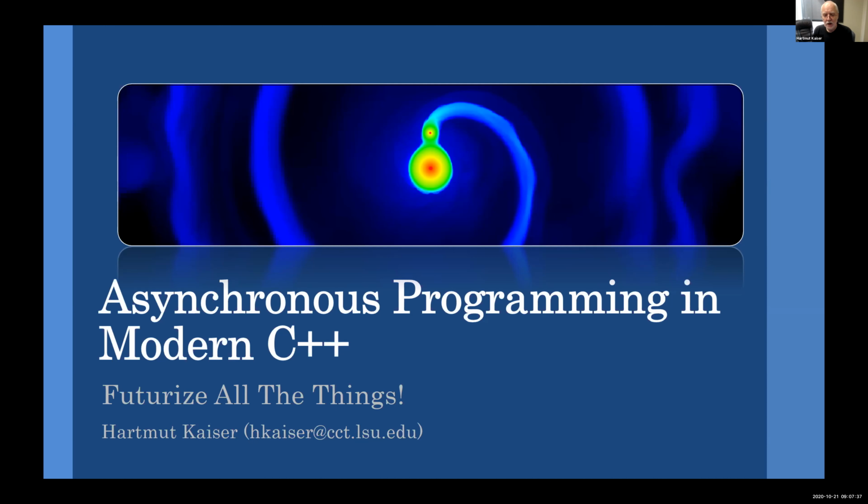What I'm going to talk about today is how we can do asynchronous programming in modern C++. What I'm especially excited about is to show you how the now accepted C++20 standard and the language features introduced in it can help us simplify writing asynchronous code.